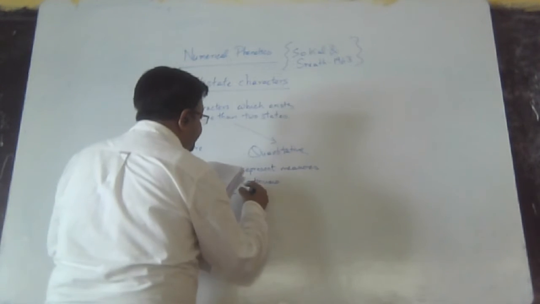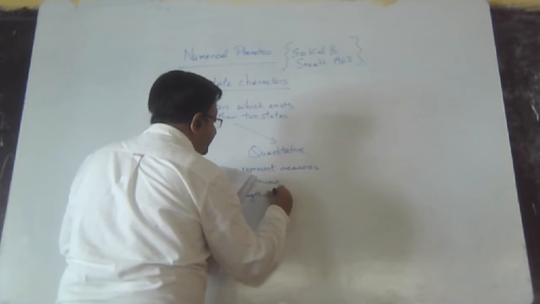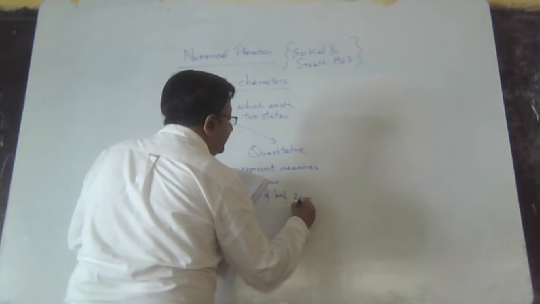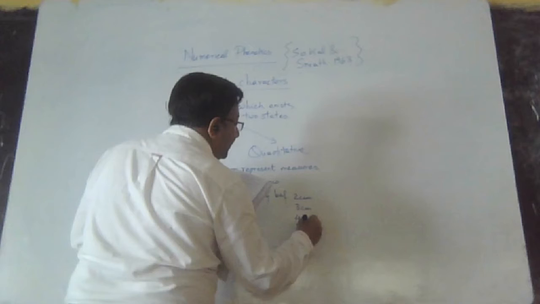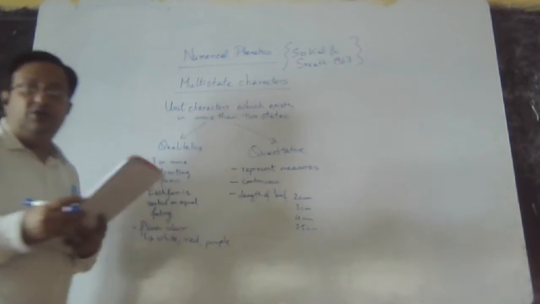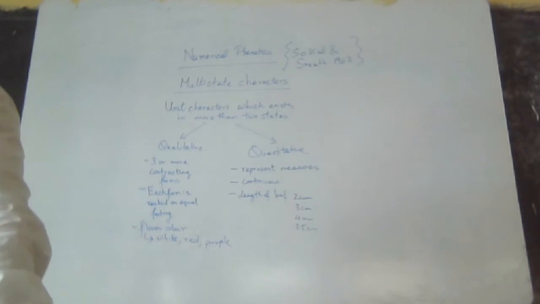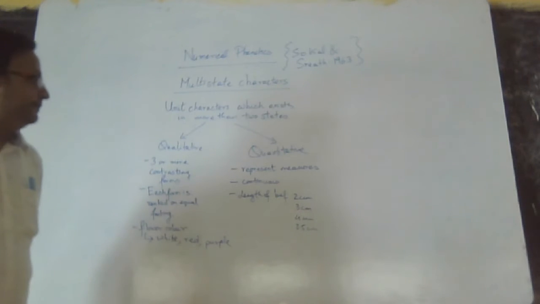Example is, say, length of leaf: 2 centimeter, 3 centimeter, 4 centimeter, 3.5 centimeter. You can go accordingly. These are quantitative multi-state characters.